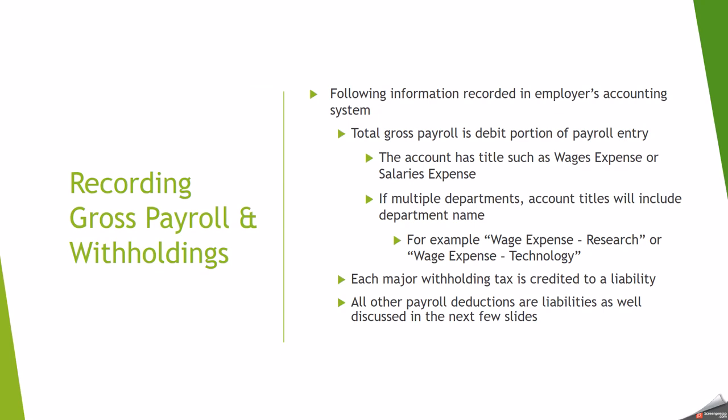So when we actually record it, we're going to record the gross payroll as a debit to wages expense or to salaries expense. Maybe it depends on how large your company is. Maybe it is broken out by department.